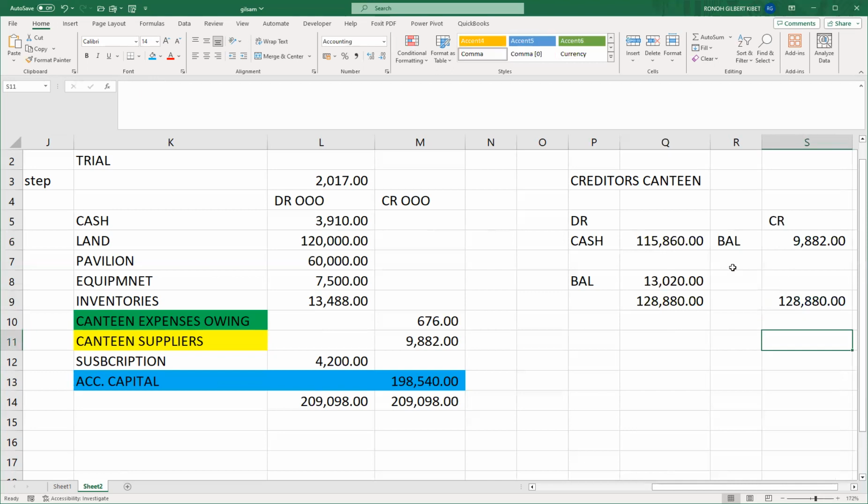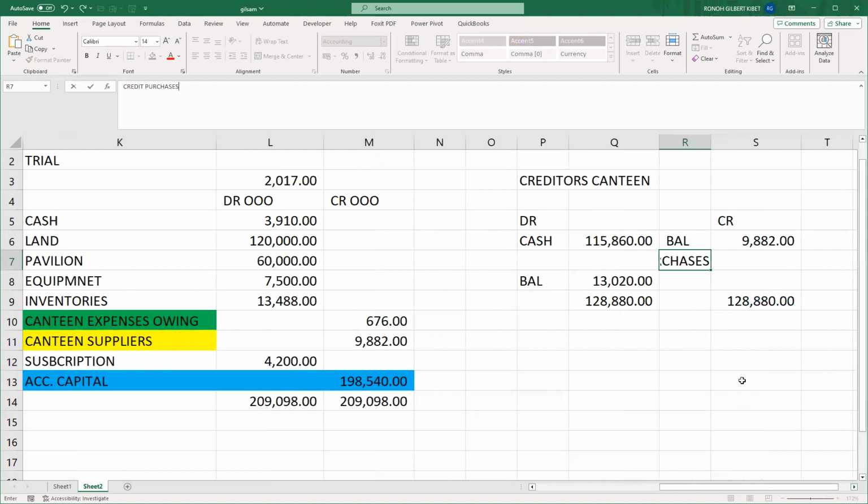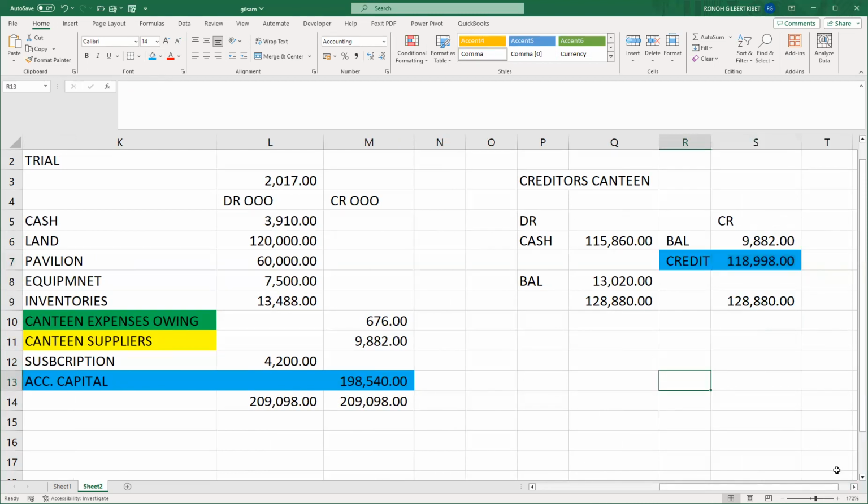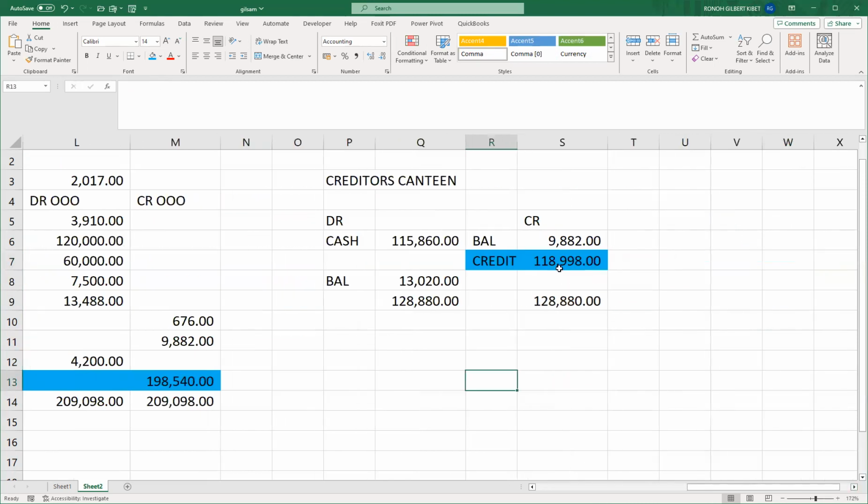The balancing figure, which should be on credit, is the credit purchases. I check now, this minus this. So my credit purchases is 118,998. And then the next account is the subscription account.